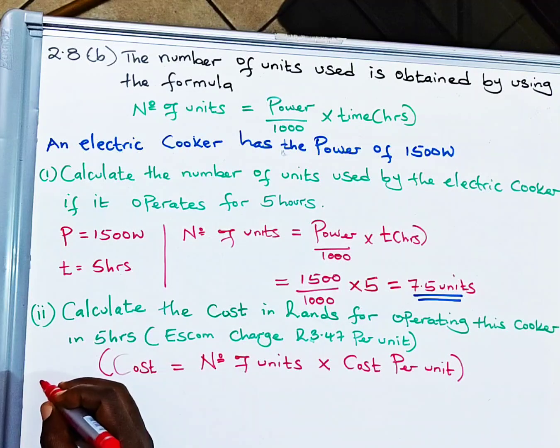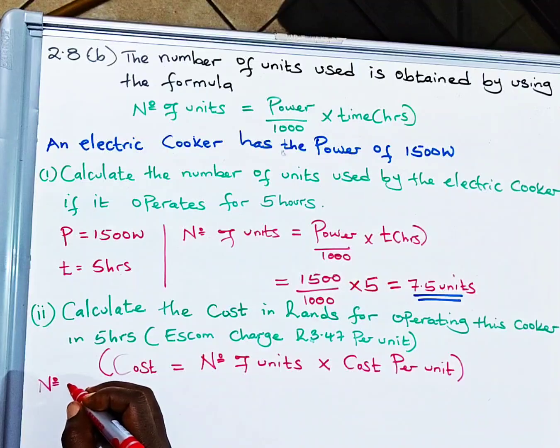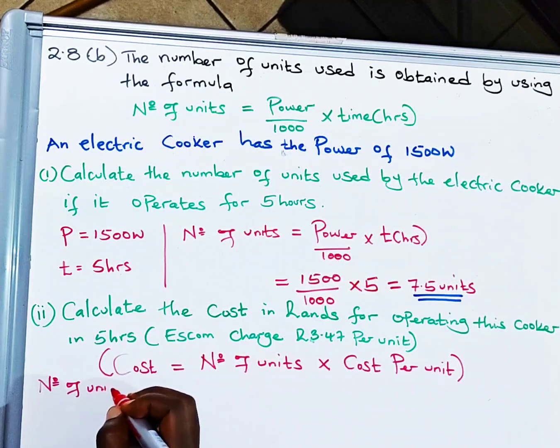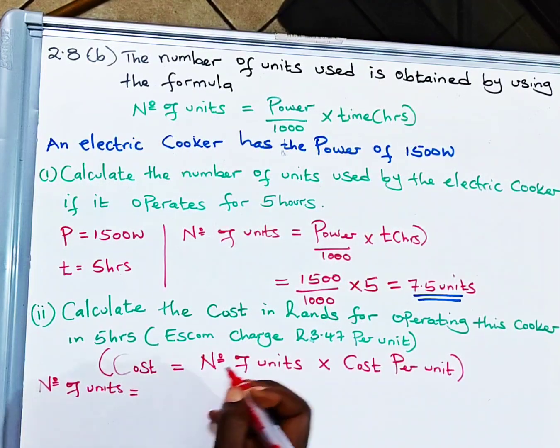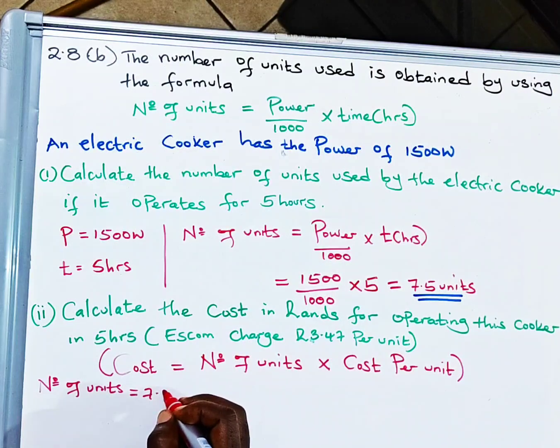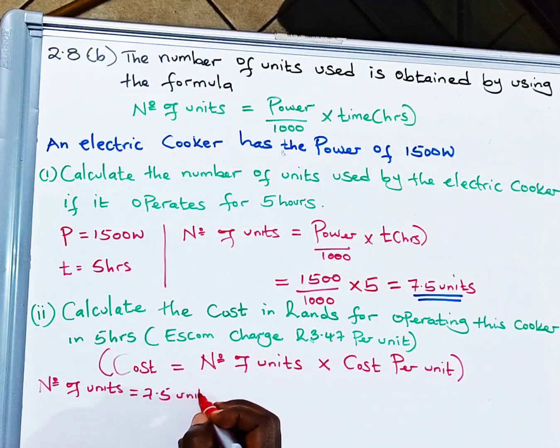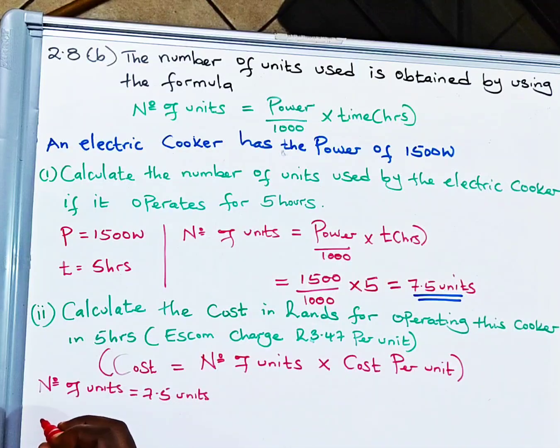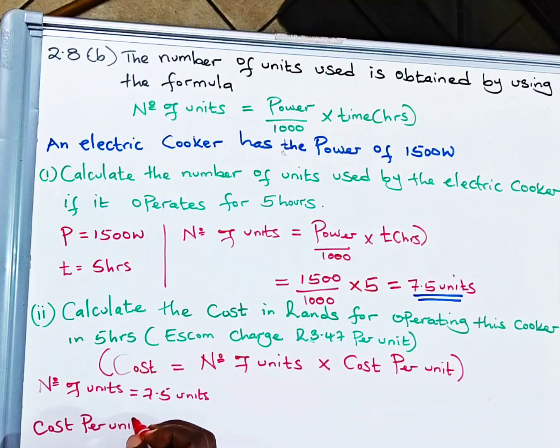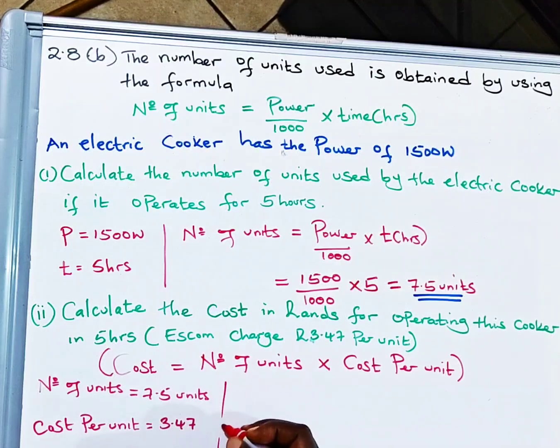So what do we know? We know number of units, and they are 7.5 units. What else do we know? We know cost per unit, and it is 3 rand 47 cent. So from here, what do we do? We substitute.